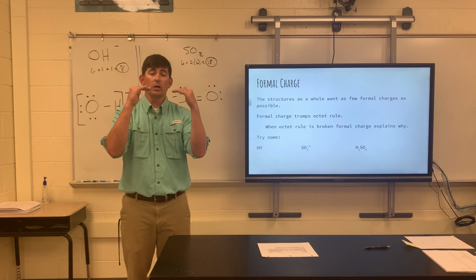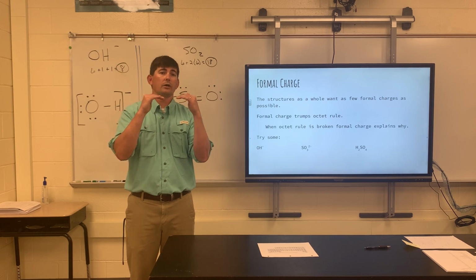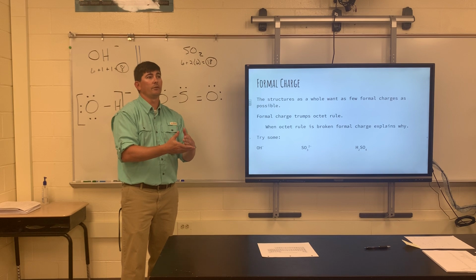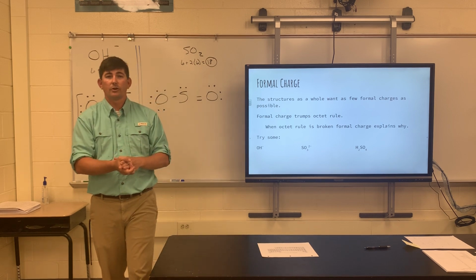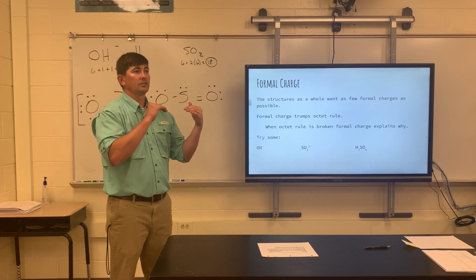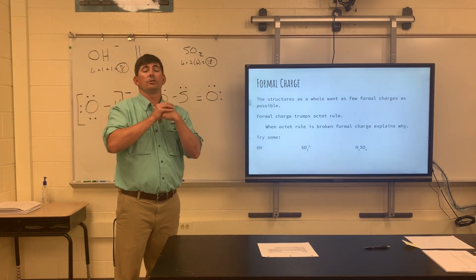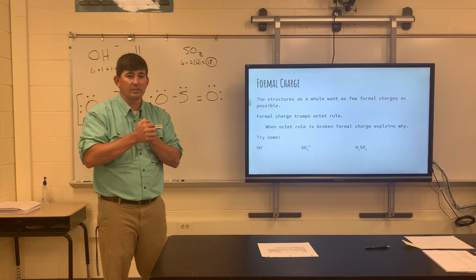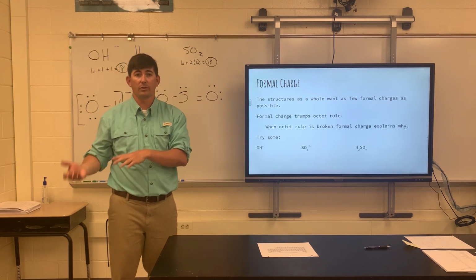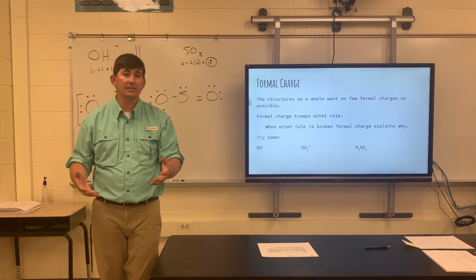That's only possible when we're talking about stuff from the 3rd period down. So silicon, phosphorus, sulfur, those are popular atoms that do that. Above the 3rd period, you don't have to worry about breaking the octet, with the exception of boron. Boron can break it by having fewer than 8. A lot of times it'll just have 6.